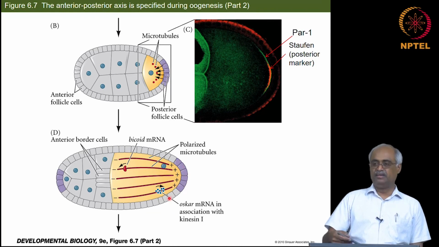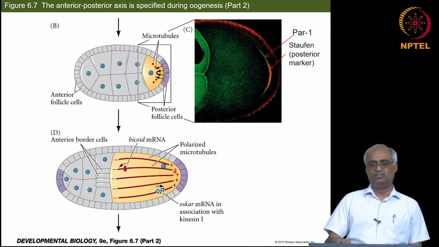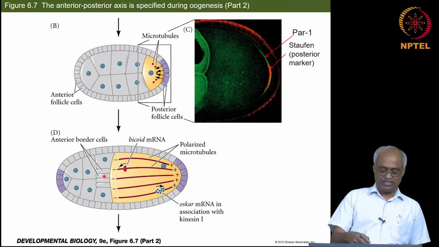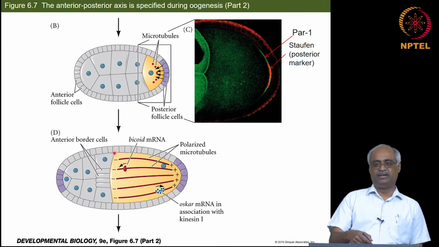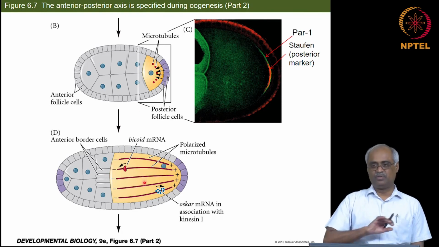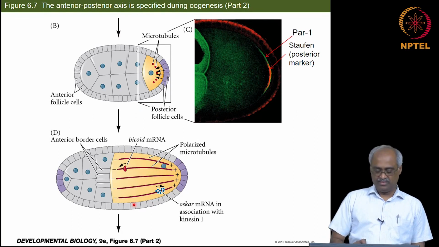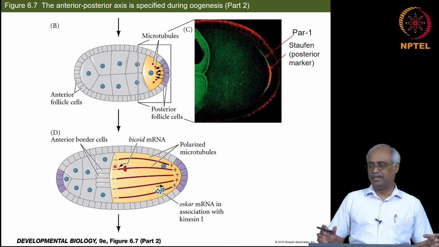Then that again starts setting up the posterior cytoplasm called pole plasm, and this bicoid that goes to the anterior determines the anterior. And while all this happens, pay attention to the size change, because nurse cells are continuously providing a lot of material, and as a result the oocyte cytoplasm grows and enlarges.